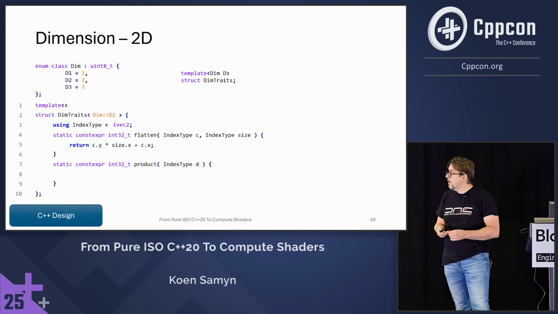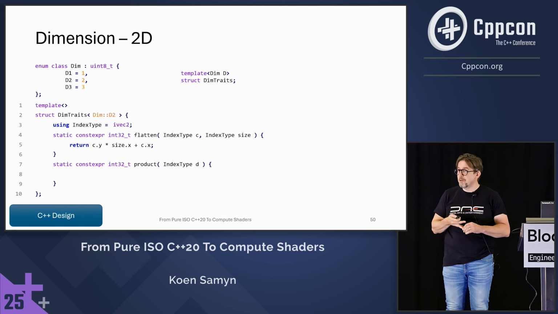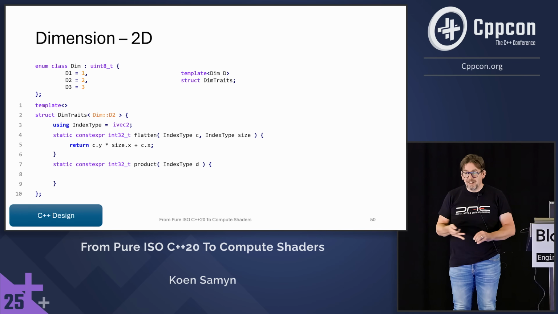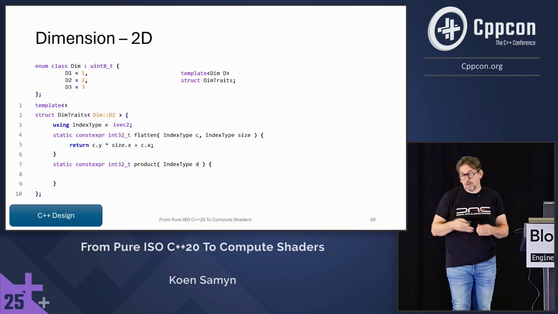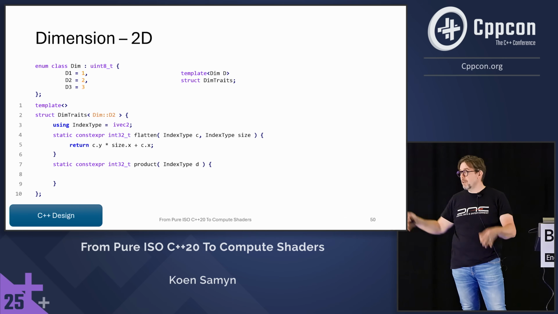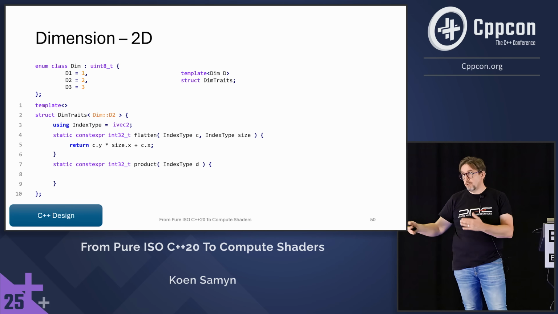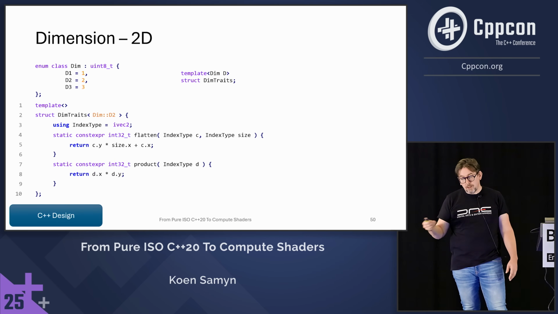Flatten, I didn't explain that. Flatten is basically you take a two-dimensional coordinate and you hit it so hard that it becomes one-dimensional. So you just use the size. You have to know the width and height of your two-dimensional buffer, and you convert that into a one-dimensional index.